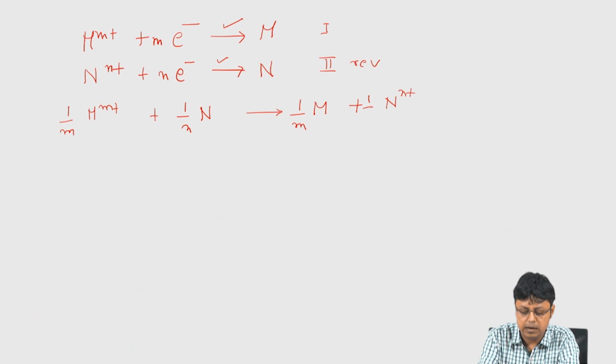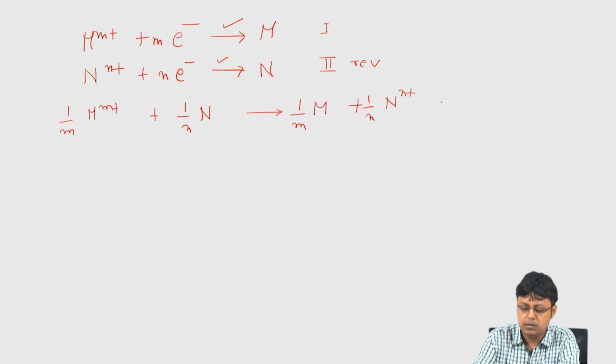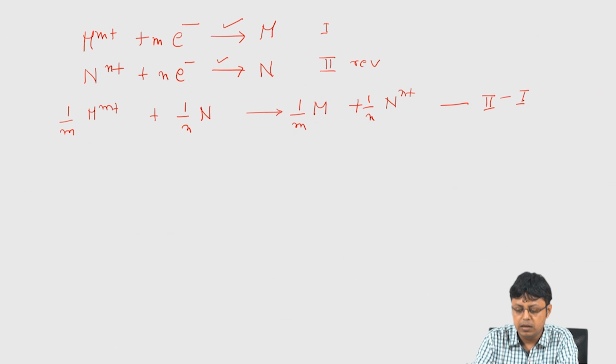Now you see that the electrons will also be balanced. So, this is nothing but reaction 2 minus reaction 1. If the reverse reaction is spontaneous, which means the first reaction goes in the reverse direction and the second reaction is in the forward direction, then the entire thing will change.